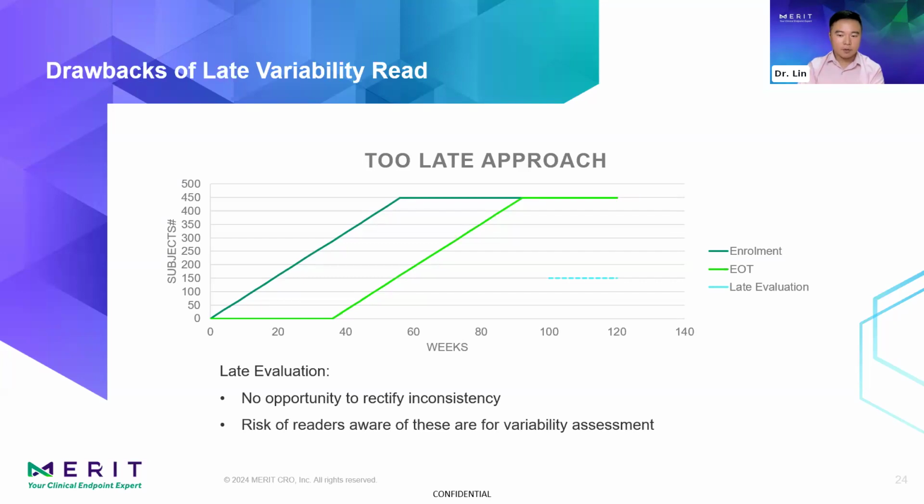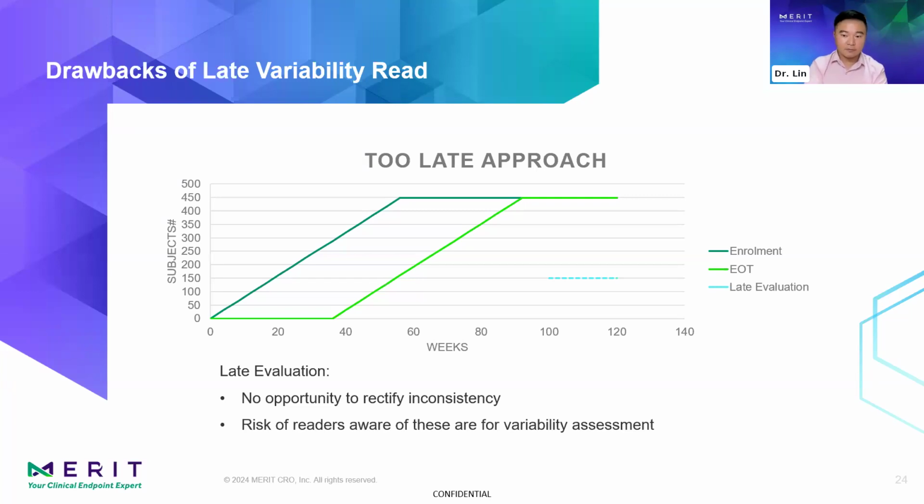I've encountered some approaches where variability evaluation and quality control are conducted at the late stage or even after the completion of image reads. This method allows for sufficient memory fade duration. It presents significant drawbacks, however. If we identify inconsistency in the reader's performance during this variability analysis stage, there's no opportunity to rectify the situation.